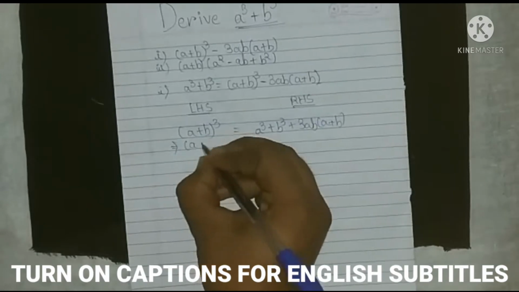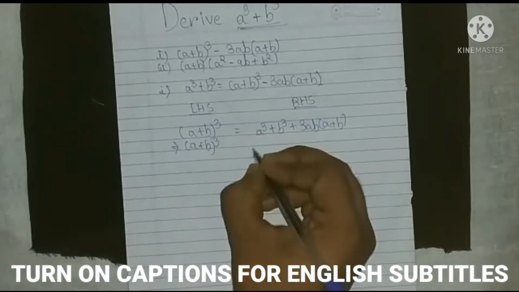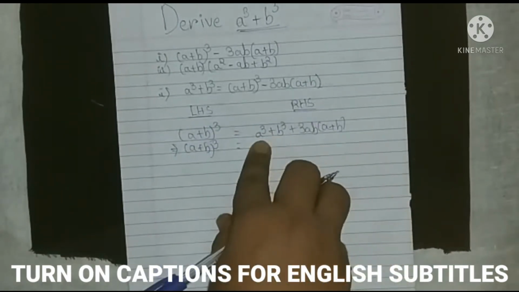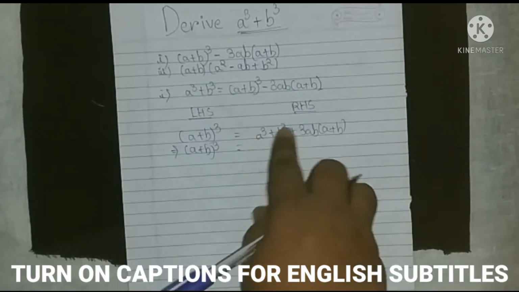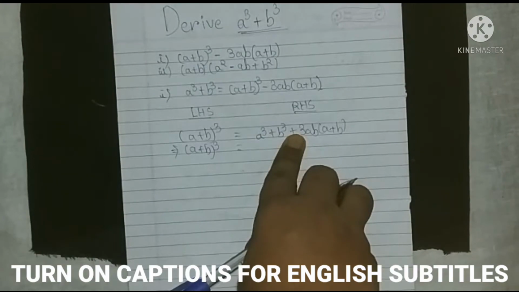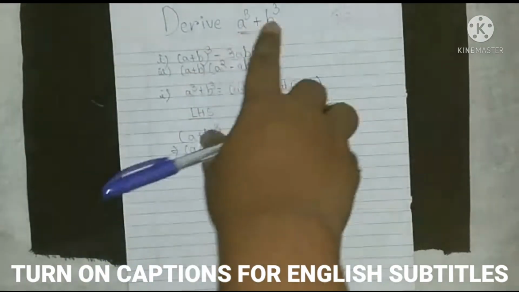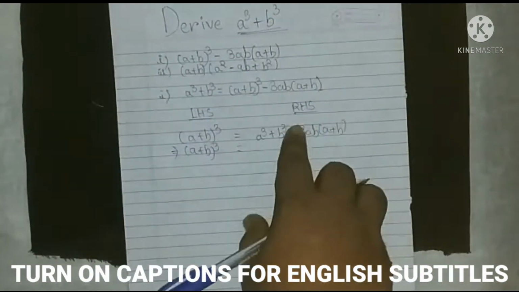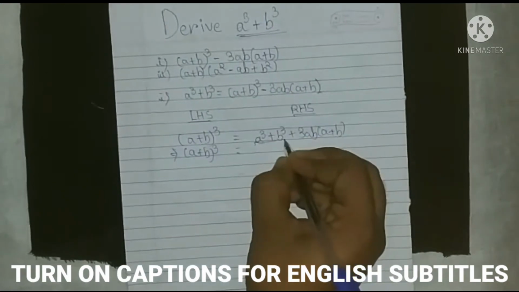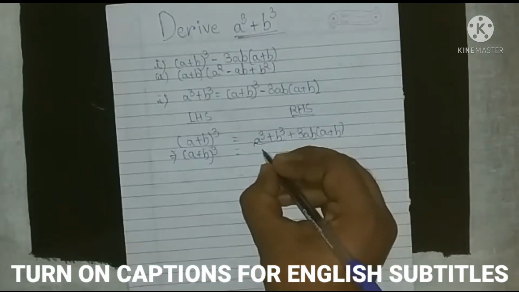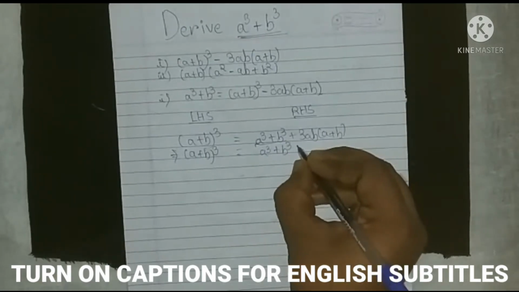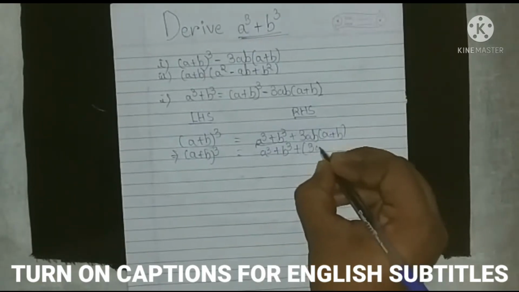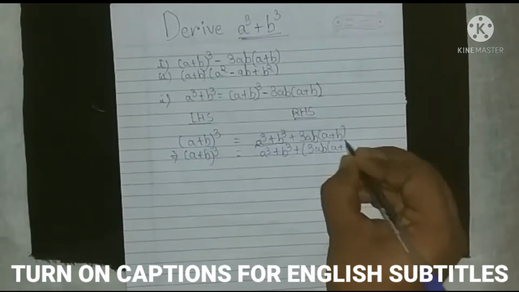Here we got (a + b)³ is equal to a³ + b³, which we have to find, plus 3ab(a + b). Let me underline that.